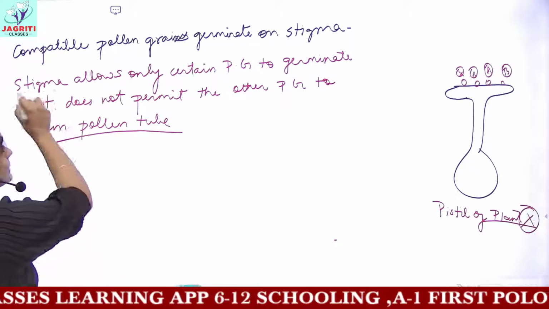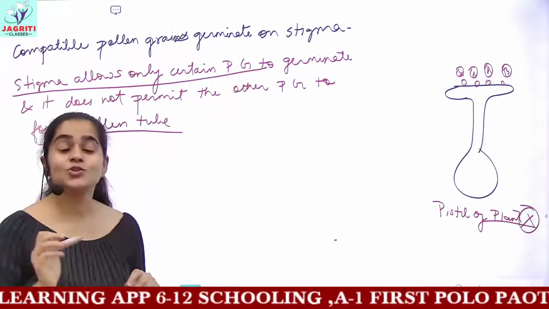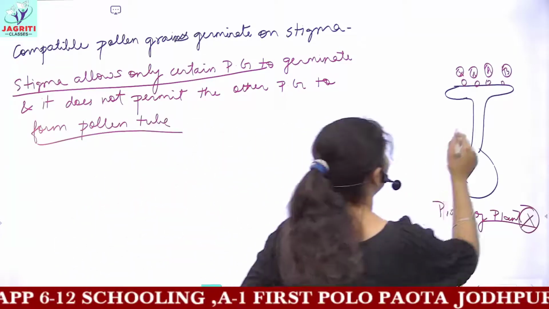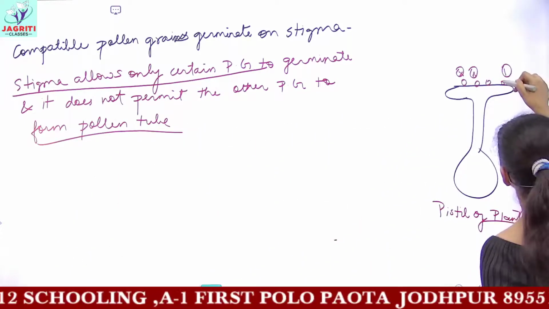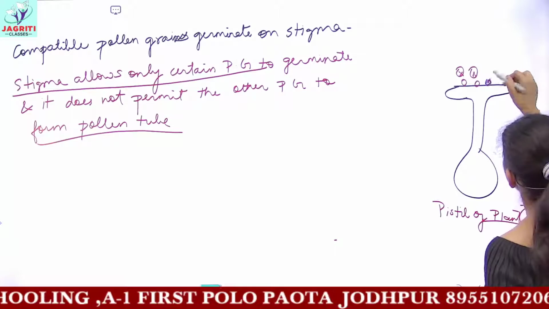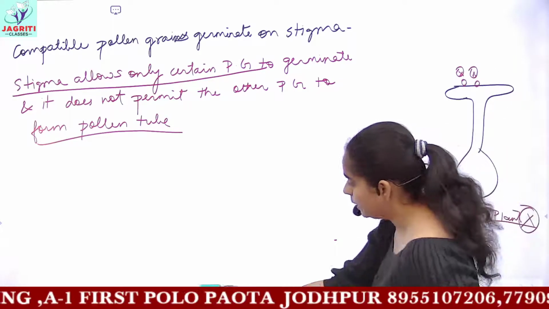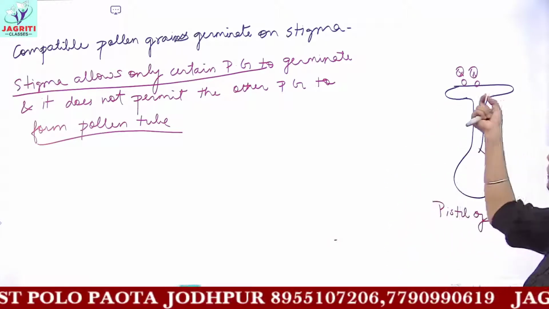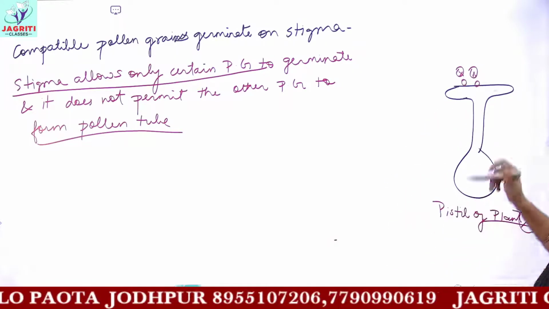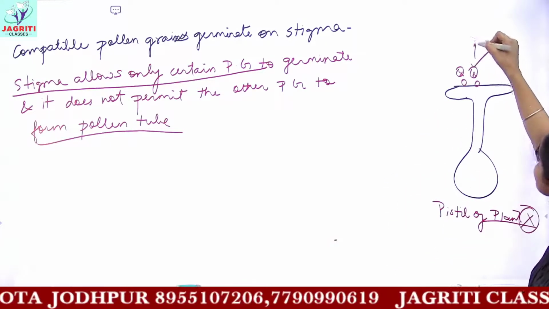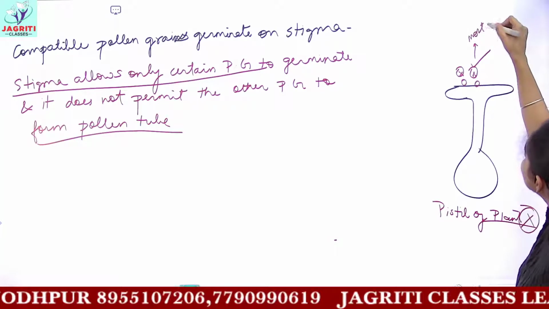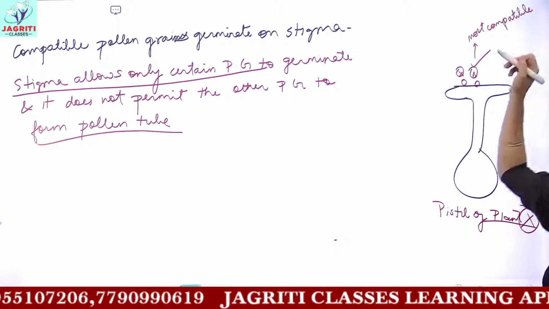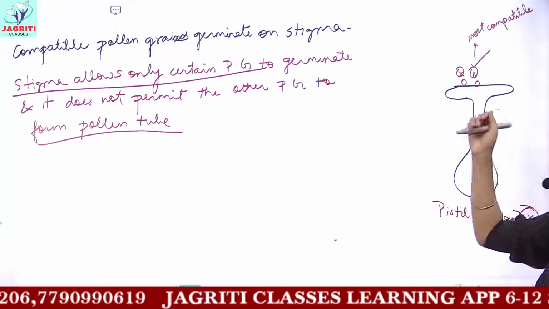Now once it is allowing only certain pollen grains to germinate or form a pollen tube, we'll observe that other pollens present on the stigma get destroyed, and among these, only the most compatible or the most favorable pollen would be allowed to germinate. So if this is your most compatible pollen grain, only this X pollen grain would germinate.